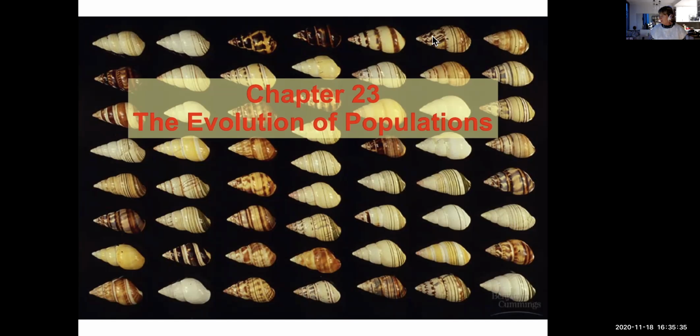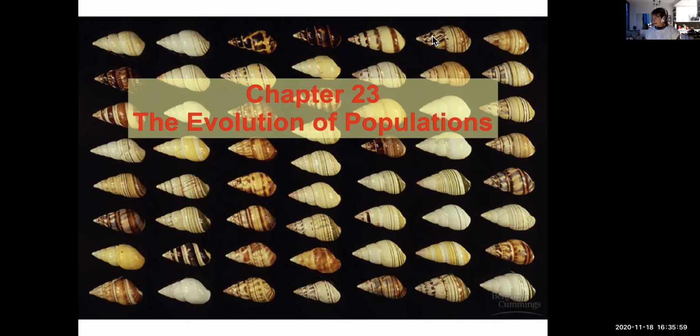but they're different enough. So these are Cuban tree snails. This is one population. And I love this picture because it shows the variety of shell morphology of this population. So along comes some kind of selective pressure, like a predator, could be a bird.